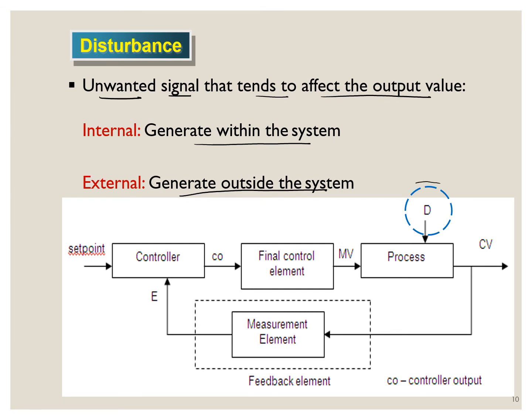This one is an example of generated outside the system. The disturbance is another input, another variable that feeds into the process, but it is an unwanted variable that can affect the value.